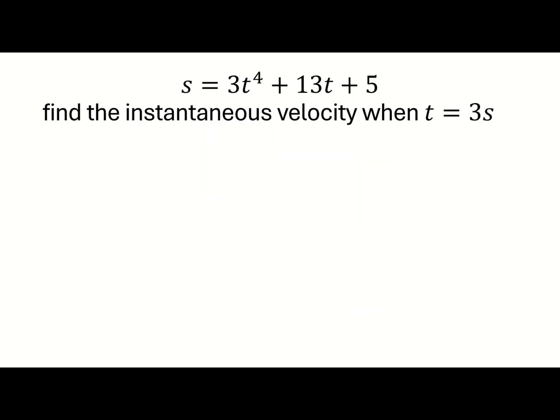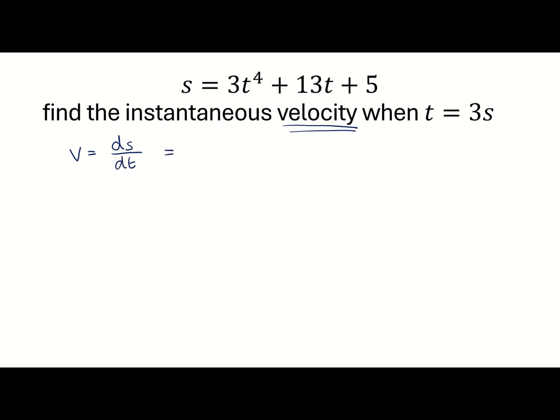So here we have an expression for our displacement. s is equal to 3t to the 4 plus 13t plus 5. And we've been asked here, can we find the instantaneous velocity when t is equal to 3 seconds? So again, if it's velocity that we're after, to get velocity, we need to differentiate our displacement with respect to time.